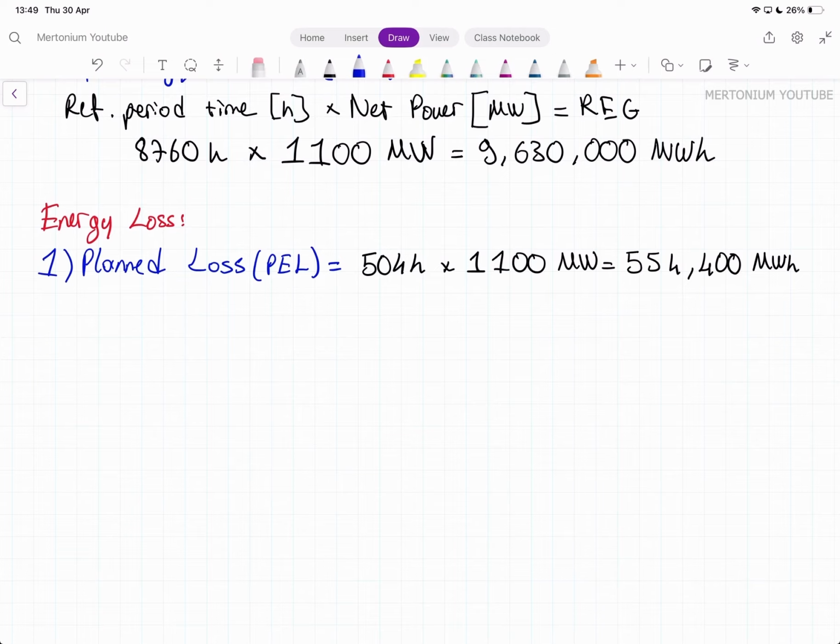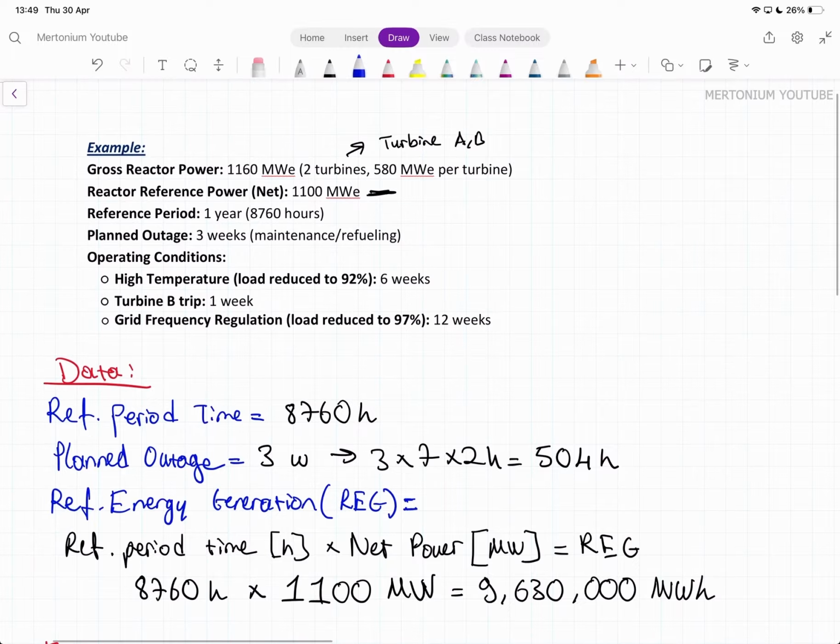And what are the unplanned losses? UEL. If you recall, in our question example, we know that one of the turbines tripped for 1 week here, as you can see.